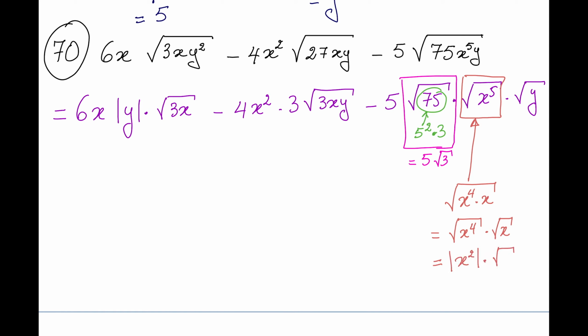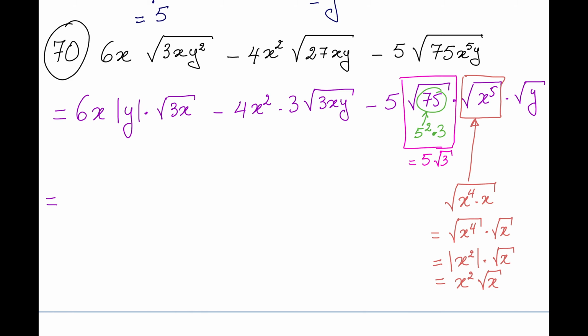Times the square root of x. But regardless what x is, x squared is non-negative, so the absolute value of a non-negative number is that number. So this becomes x squared times square root of x. Okay. All right, back to the purple writing.